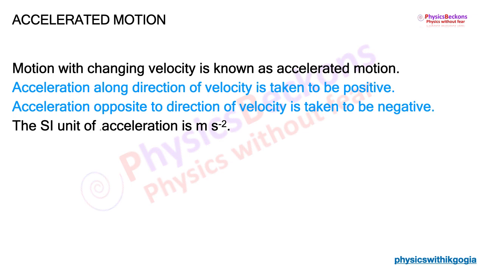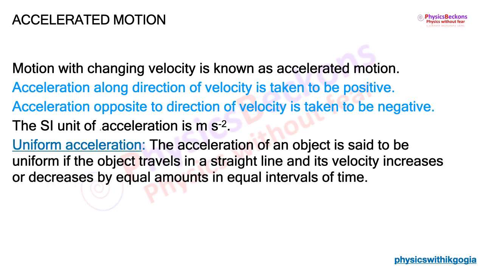The velocity of an object may change at a constant rate or it may change at a variable rate. Accordingly, we say that acceleration is uniform or non-uniform. Uniform acceleration is the acceleration if the object travels along a straight line, that is, it doesn't change its direction, and its velocity increases or decreases by equal amounts in equal intervals of time.